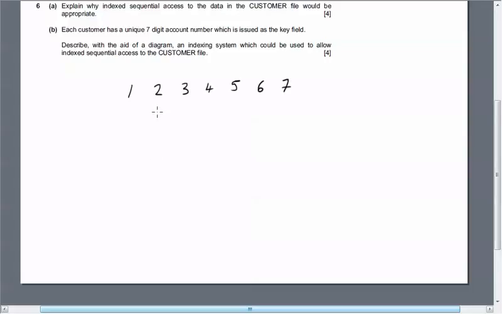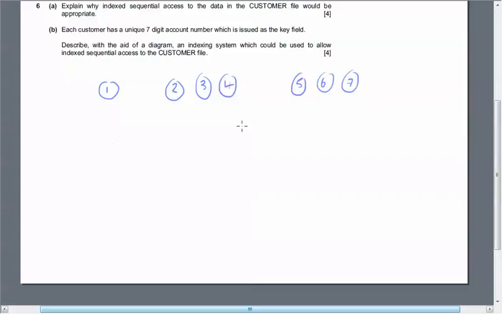Like we said, we would have the first digit, then digits 2, 3, 4, and digits 5, 6, 7 over here.